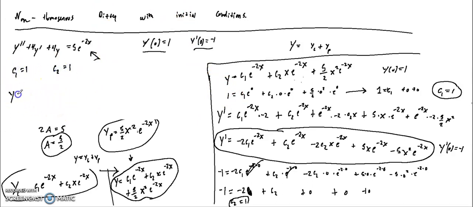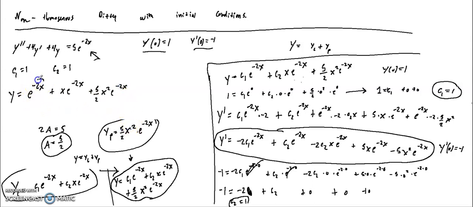So we can just plug in C1 and C2 here, so we get y equals e to the negative 2x plus x e to the negative 2x plus 5 halves x squared e to the negative 2x.